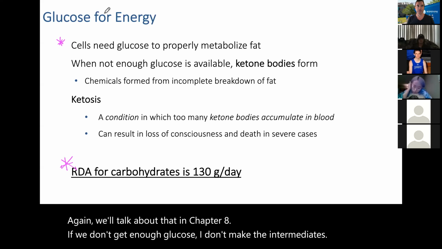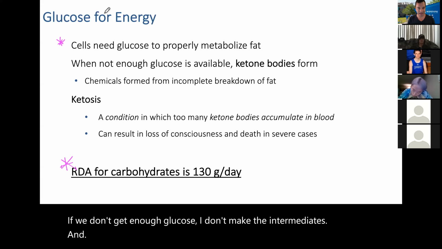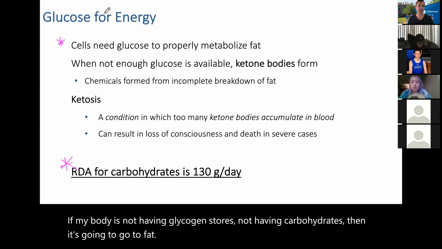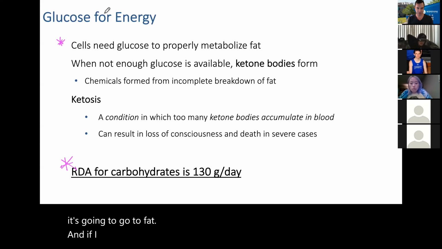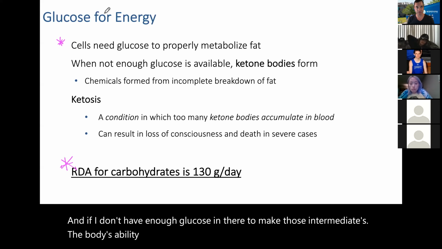And if my body is not having glycogen stores, not having carbohydrates, then it's going to go to fat. And if I don't have enough glucose in there to make those intermediates, the body's ability to utilize fat effectively becomes hindered.